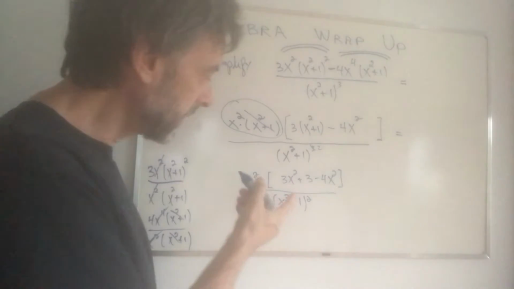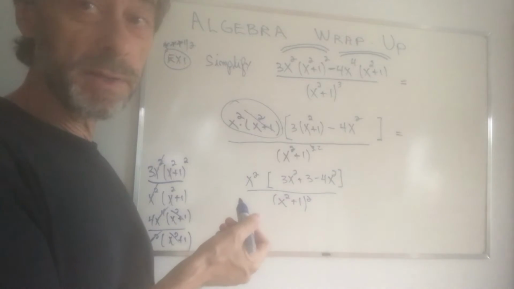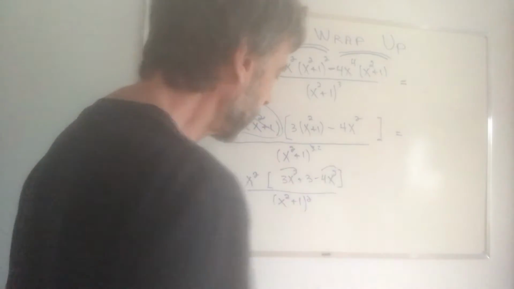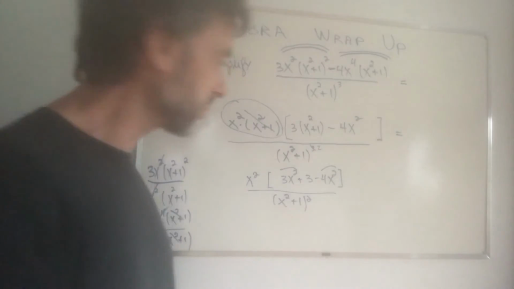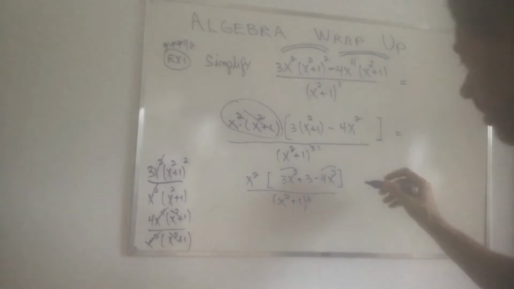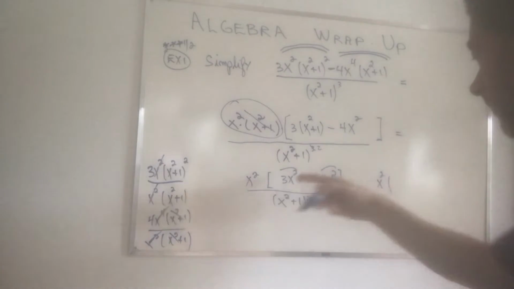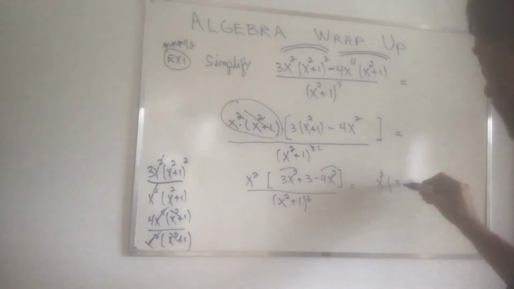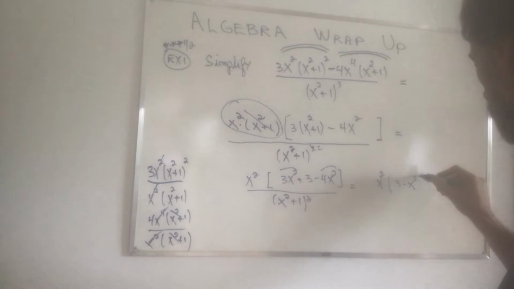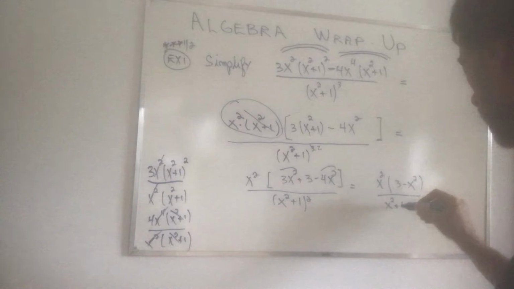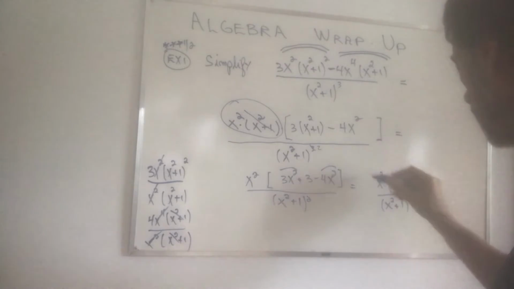Perhaps I can take out something from inside the bracket here. Do I have like terms? Yes, I do. 3x squared minus 4x squared, that's minus 1x squared. So I think we're getting darn close to the final answer. That'll be 3 minus x squared over (x squared plus 1) squared.